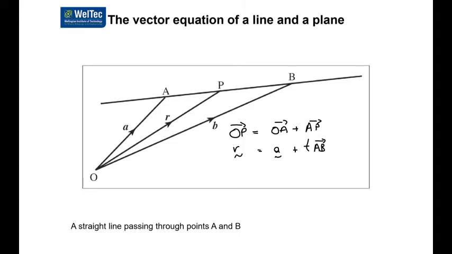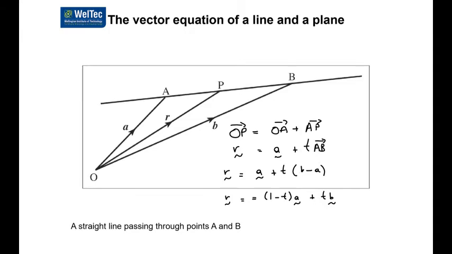So what we've got now is that R is equal to A plus T times B minus A, because that's what AB is. And we could rearrange that so that we've got that R equals 1 minus T times A plus TB.